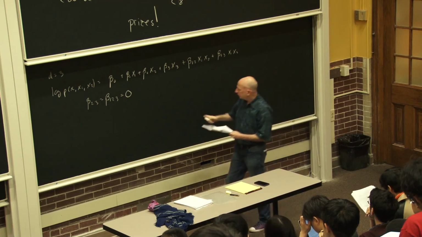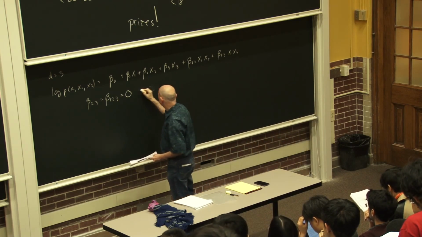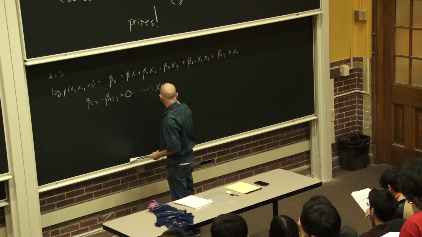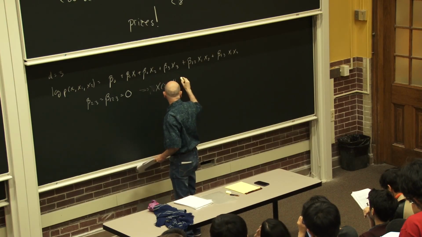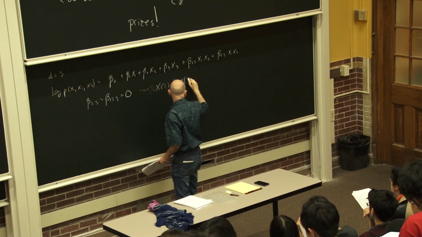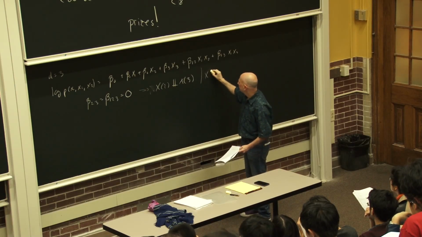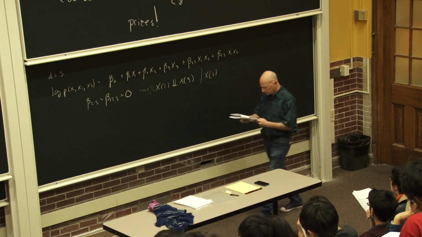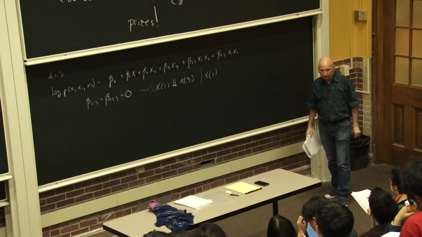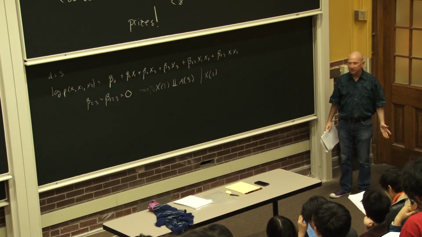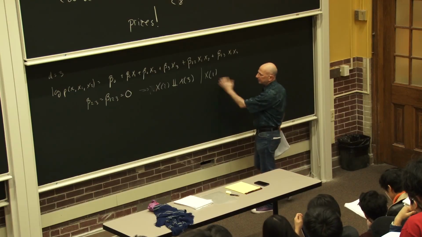So that implies that x2 and x3 are conditionally independent given the rest of the variables. In this case there's only one other variable, so it's just given x1. But if there were 20 other variables, it would just be x2 and x3 are independent given the rest.